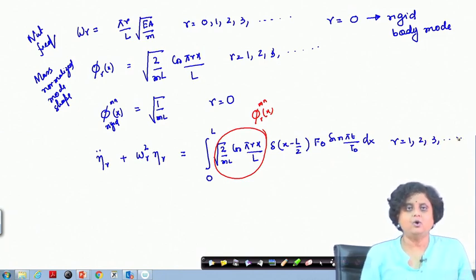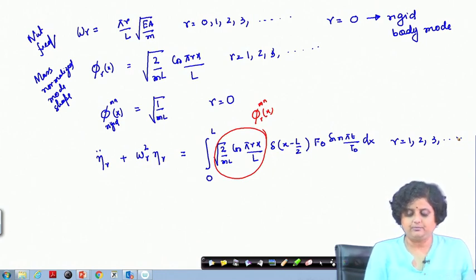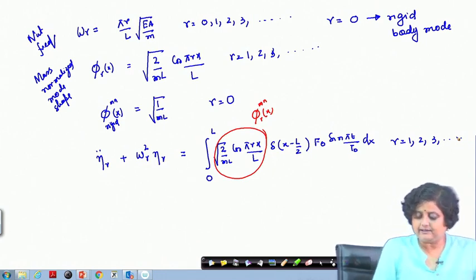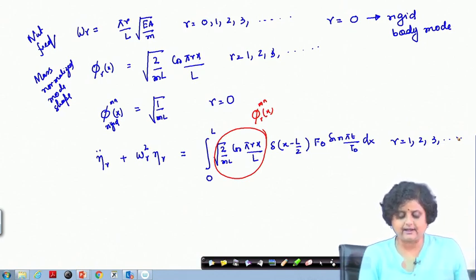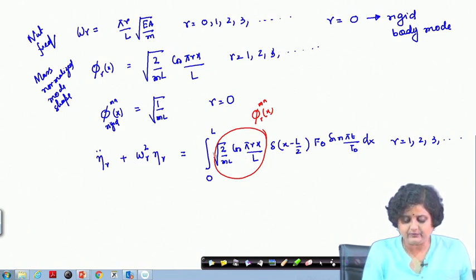So, for now we have left away the rigid body mode and we are solving the vibration problem for the non-rigid body mode. If I now try to evaluate this integral on the right hand side, what are we going to get? We are going to have this expression for mode shape into a Dirac delta function of x at L by 2.